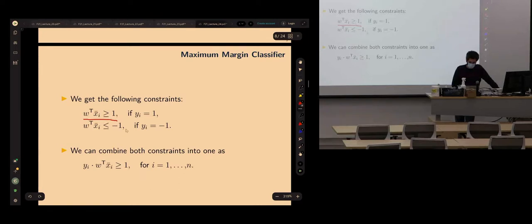Now, for the other one, if you multiply it by y, because y is negative 1, you have to multiply both sides by a negative sign, right? We will make it like this. It will change this to greater than or equal to, and then we replace this by y.